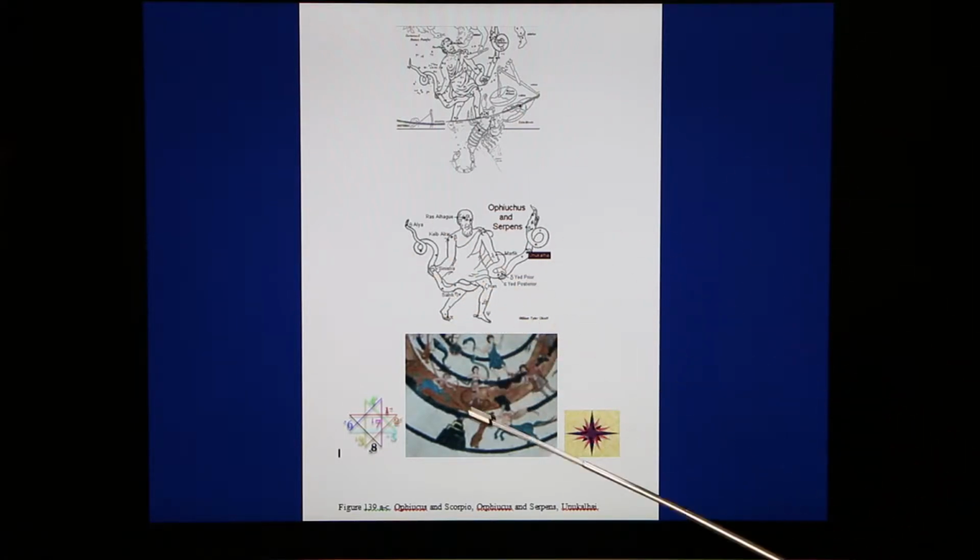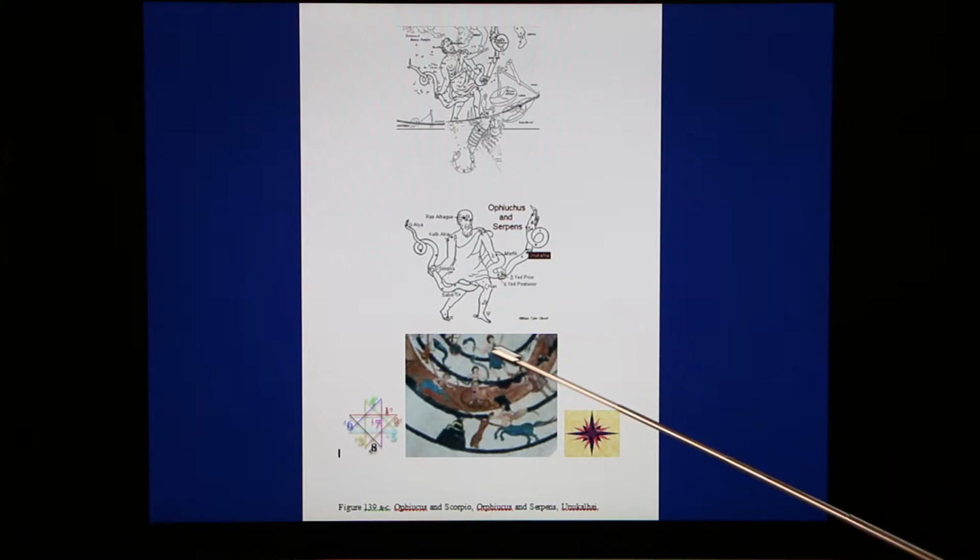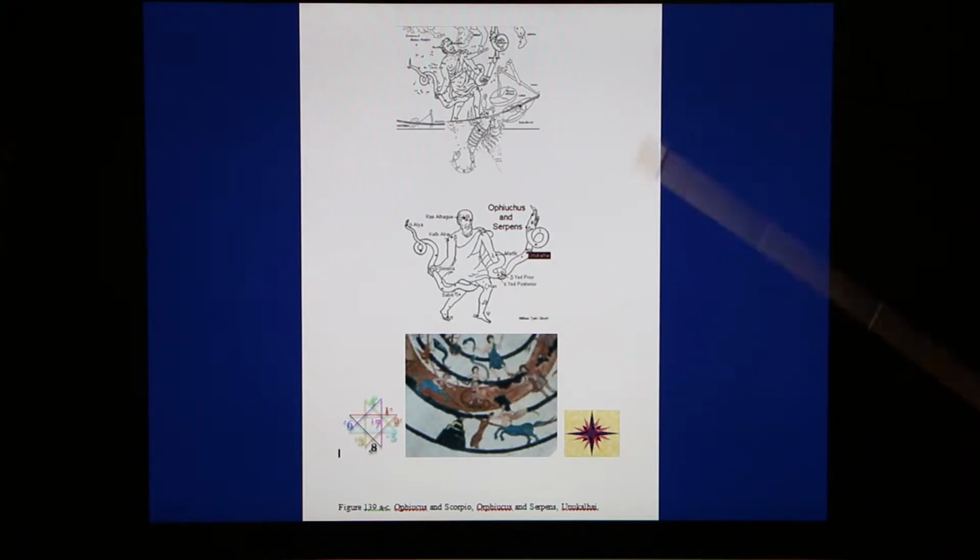And here you see him in a medieval version where the snake is, well, he's fighting it right at the balance of Libra. And there are stars concerned that are 8-sided stars, and they return in the northern traditions of Europe.